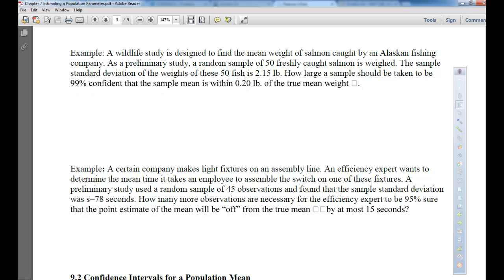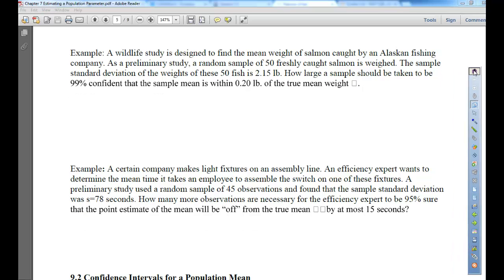Okay, so let's see what these little problems are going to say. A wildlife study is designed to find the mean weight of salmon caught by an Alaskan fishing company. As a preliminary study, a random sample of 50 freshly caught salmon is weighed. The sample standard deviation of the weights of these fish is 2.15 pounds. How large a sample? Different question now.